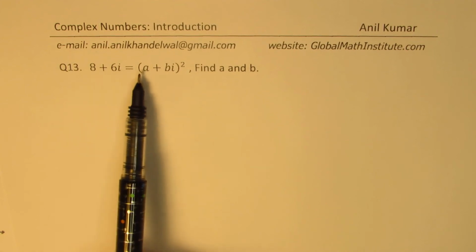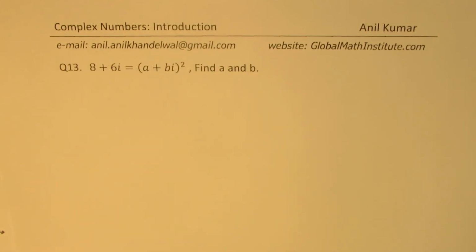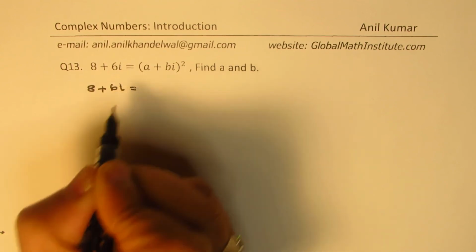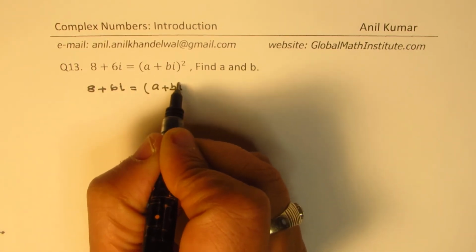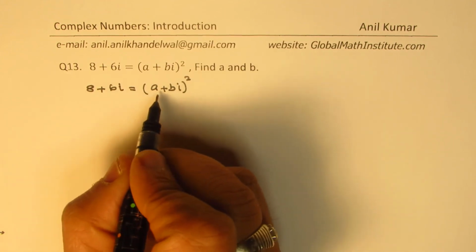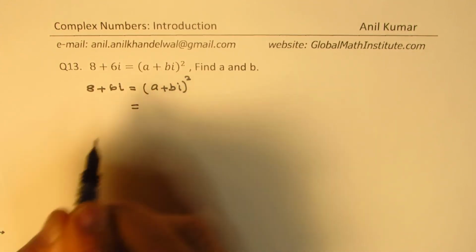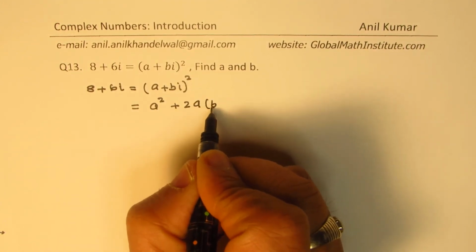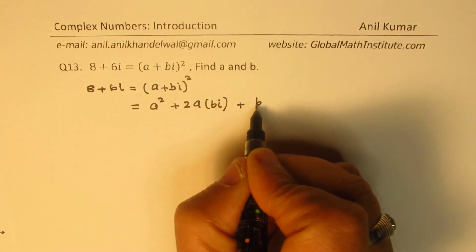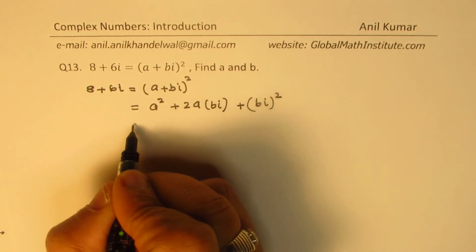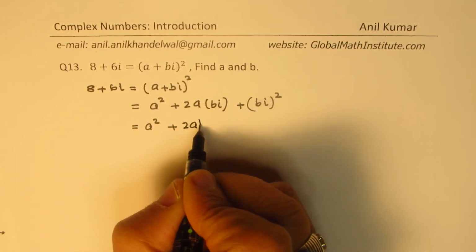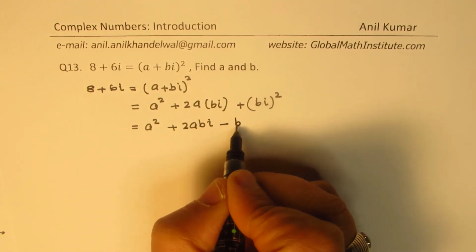Now, whenever we have two equal complex numbers, we need to equate the real and the imaginary parts. Let me rewrite this as 8 + 6i = (a + bi)². The right-hand side, (a + bi)², will be a² + 2 times a times bi + (bi)². That gives a² + 2abi − b².